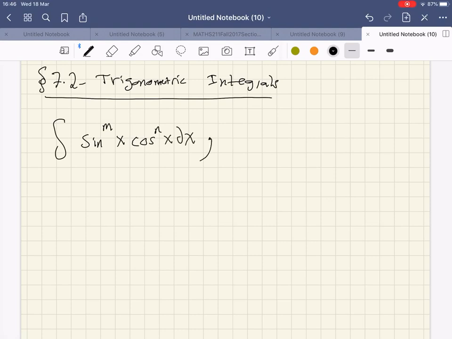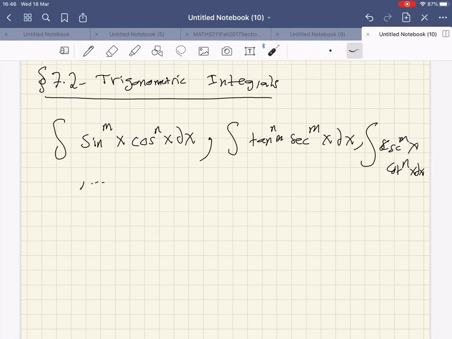This is one type of problem we want to tackle. Also, we can have tan to some power, secant to some other power, cosecant, cotan, and so on.